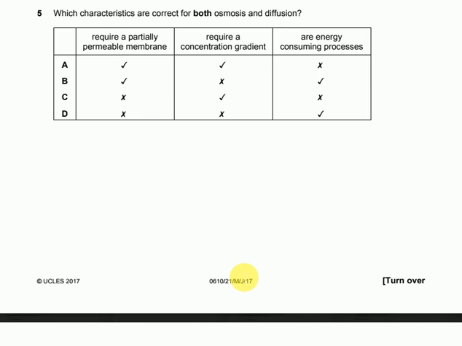So it'll be a cross. So it's C or D. Now, requires a concentration gradient. Actually, diffusion does. Osmosis requires a water potential gradient, not a concentration gradient. So it'll be wrong. And both of them need energy. So it's D.